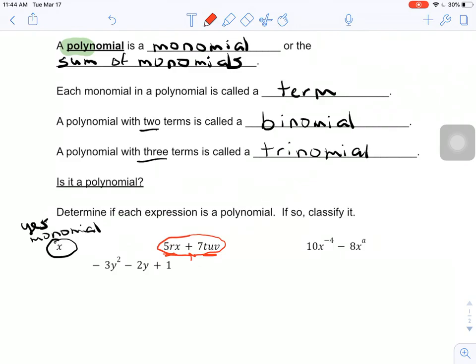So yes, it's a polynomial. Each of these monomials, here's one, here's another one, is a term. So we would say that these have two terms because there's two monomials in it. And we just said that a polynomial with two terms is called a binomial. So if we wanted to classify this, it would be a binomial.